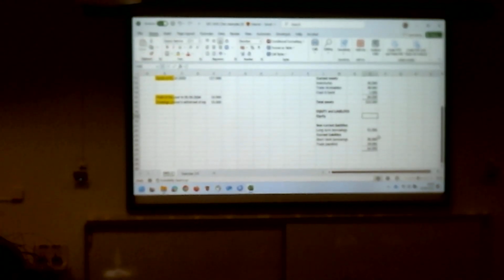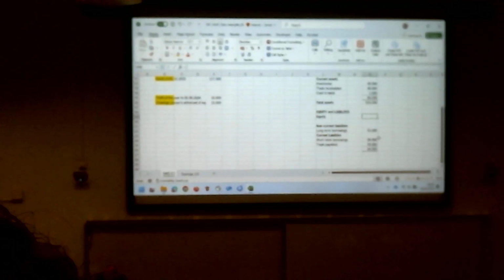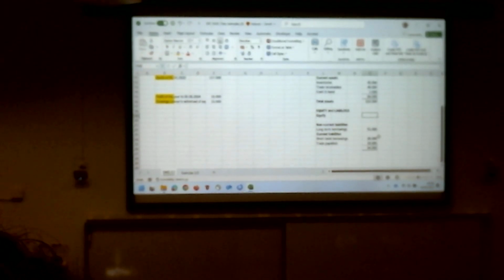And now, what about the equity? How can I calculate the equity? Assets minus liabilities, exactly. And if we have it set up like this, we need to be a little careful because we have two types of liability.